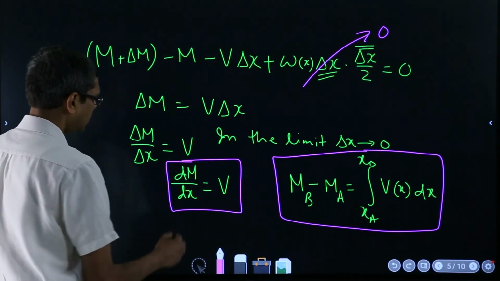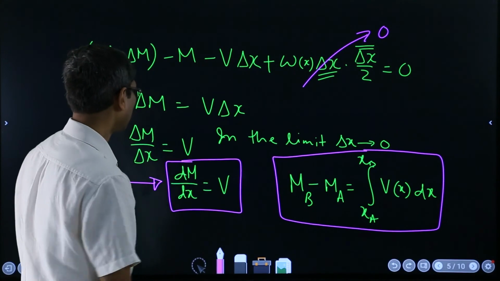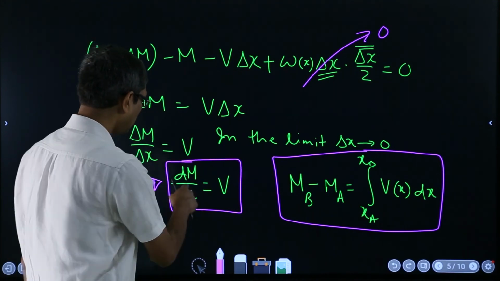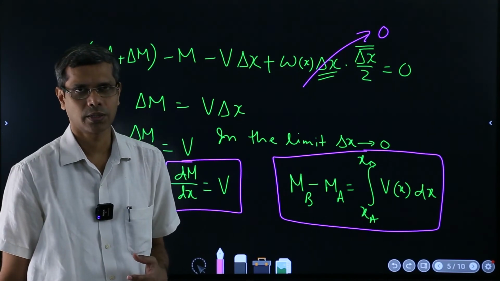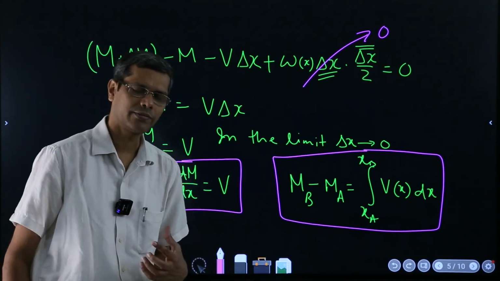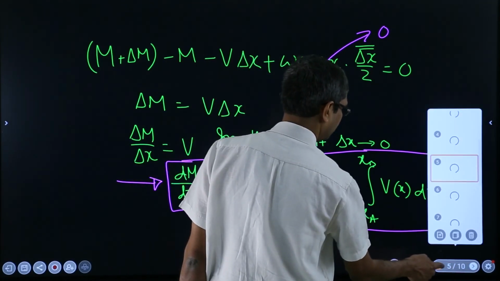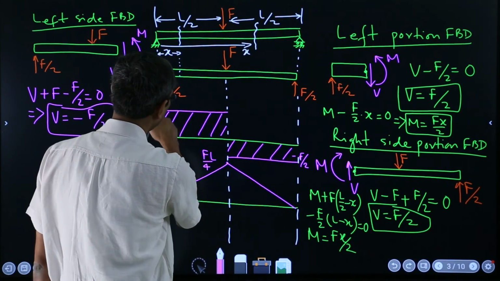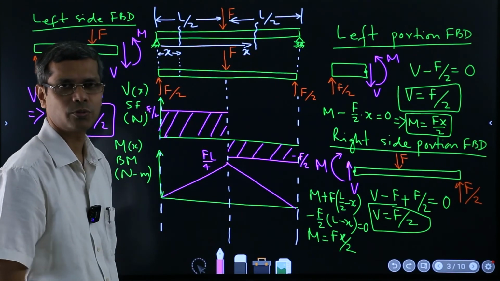And one more thing, see here. This tells you that wherever the shear force is 0, dM over dx is 0. That means the moment has to be maximum at that location, right? So what benefit it gives you is, if you have drawn the shear force and bending moment diagram the way we have done, wherever you see that the shear force is going through 0, at the same location the bending moment has to be maximum.